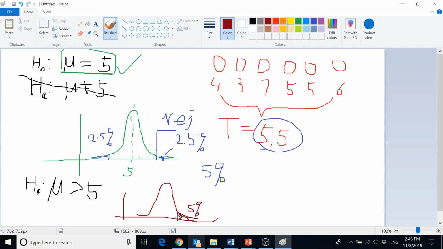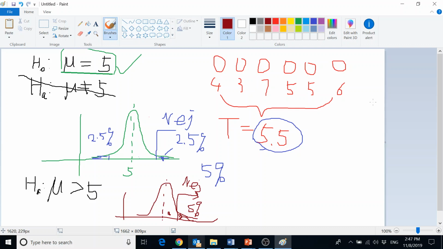Nothing in there. So this is the rejection zone. Now I see where my 5.5 is. If it is within here, then I cannot reject my assumption. So I kind of failed in my purpose. I cannot reject that it is actually equal to 5.